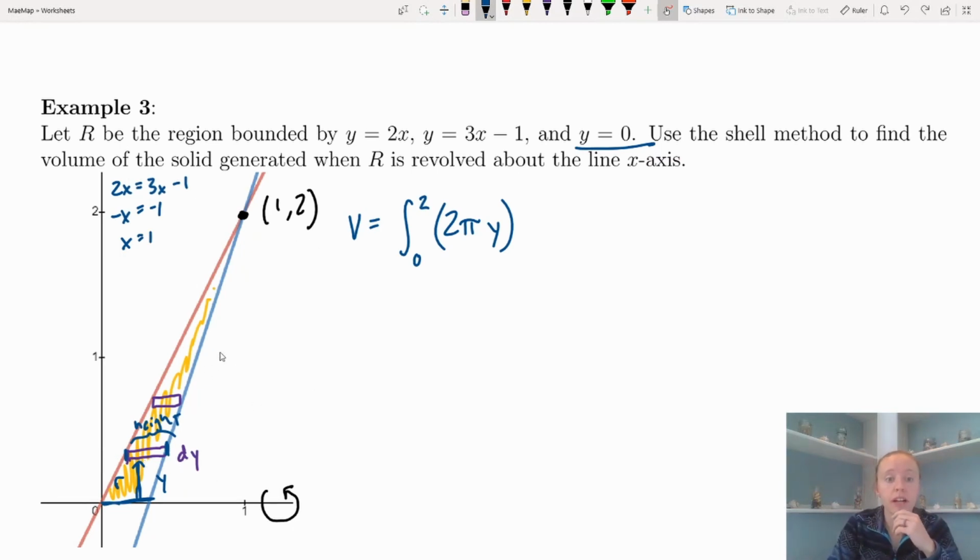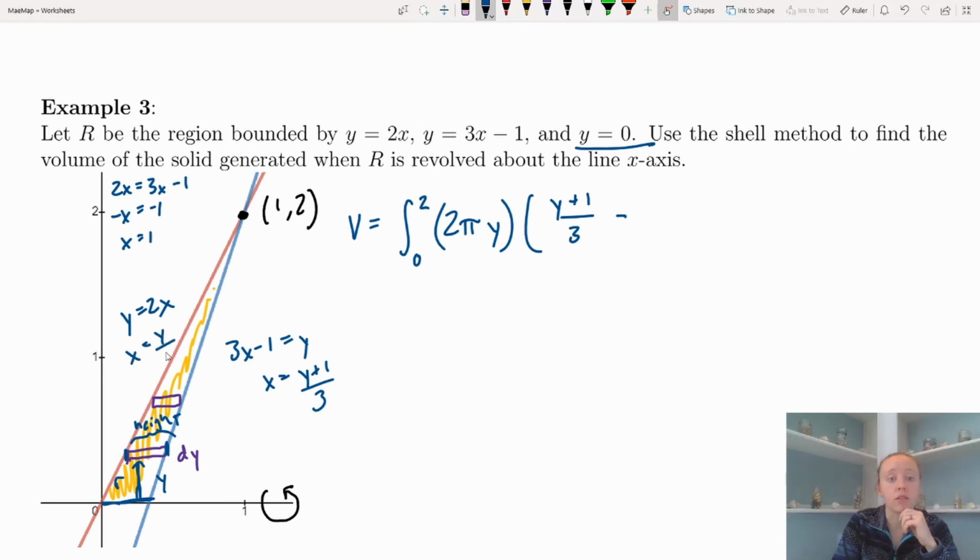So the blue line, 3x minus 1 equals y, rewriting that in terms of y, that's going to be x equals y plus 1 over 3. So that is my rightmost function in terms of y, and then I'll subtract that leftmost function, right minus left. If y is equal to 2x, that means that x is equal to y over 2.